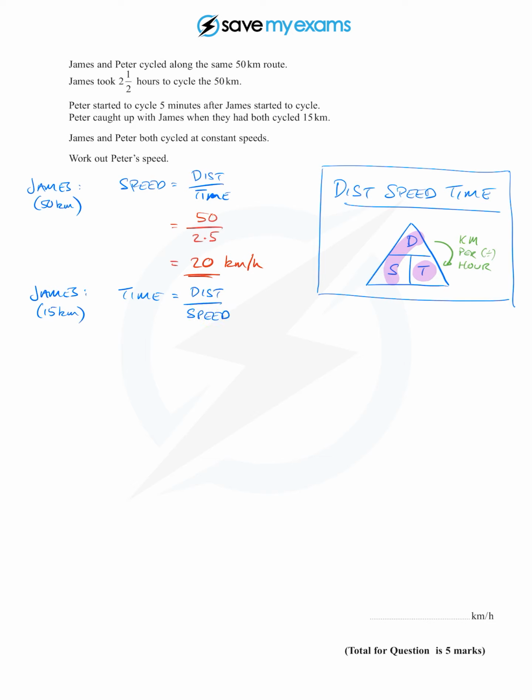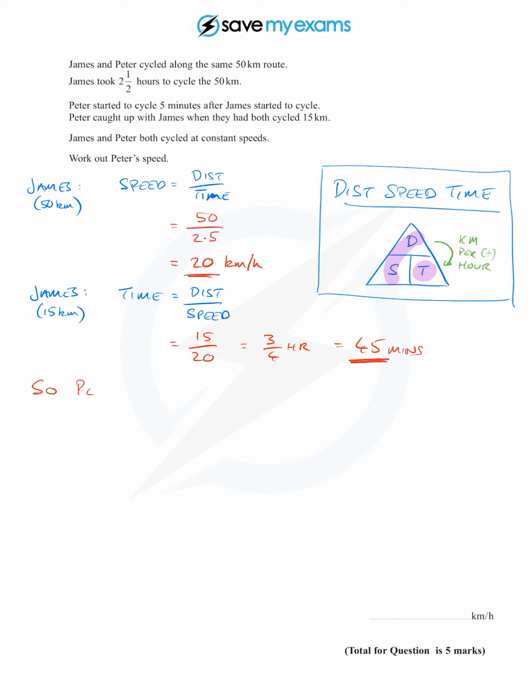We've just calculated his speed, and we know the distance is 15, so it's 15 over 20, which is 3/4 of an hour. We need it in minutes though, because we know about Peter's time in minutes, and so that is 45 minutes, is it not? Okay, so James took 45 minutes to cycle the first 15 kilometres.